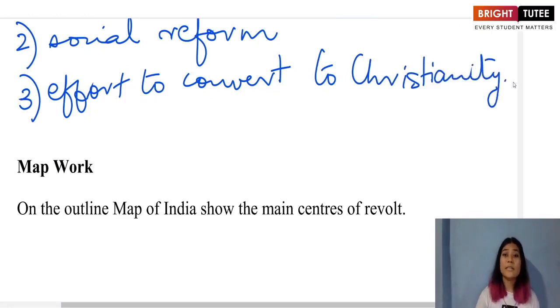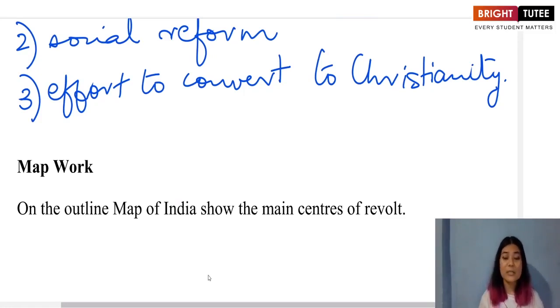Okay, the Indians believed that the British government, along with the missionaries across the country, were also trying to convert Indians, Muslims and Hindus to Christianity. And so they felt that their religion, their faith, their belief was going to be destroyed by the British government.